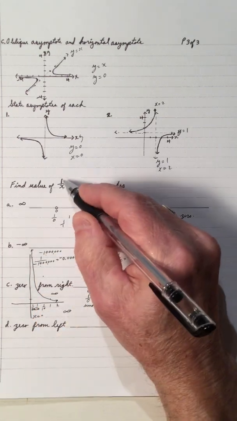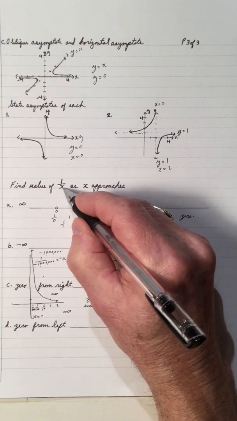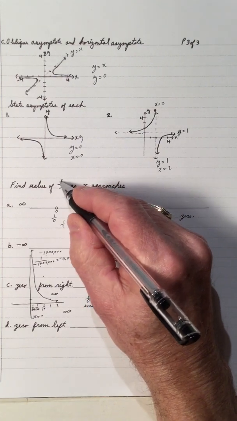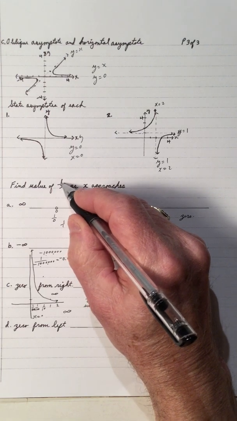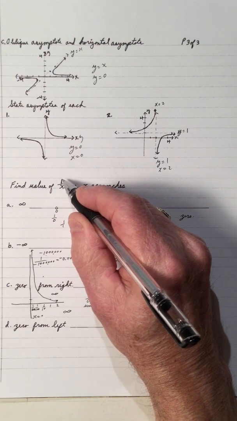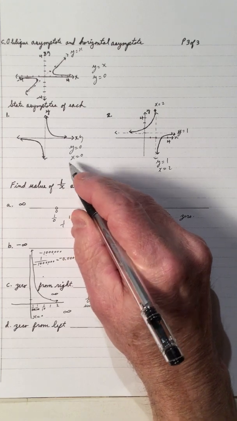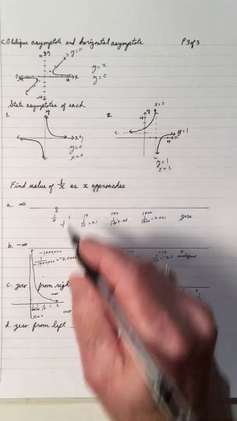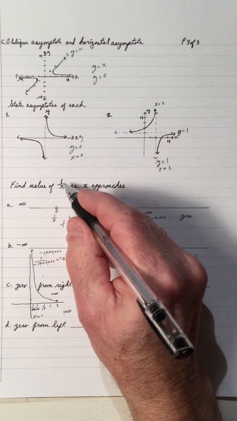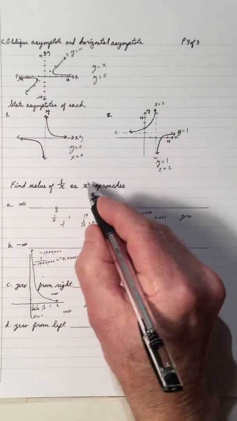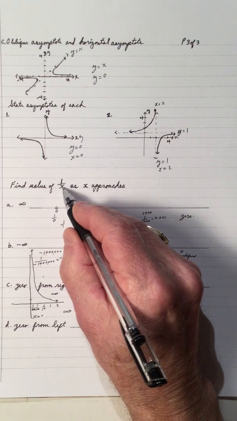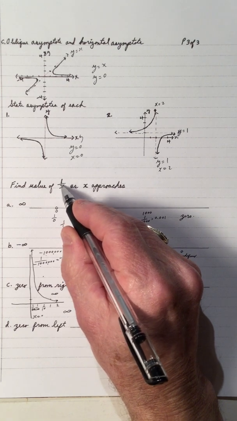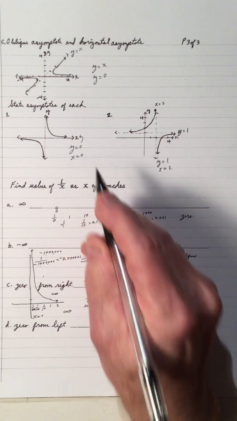So the larger x gets, the smaller 1 over x goes to 0. The smaller x gets, the closer it goes to infinity, sorry. Or we could also go, if it was negative, to negative infinity. Again, if x gets larger, then 1 over x approaches 0. If x gets smaller, it's approaching infinity, plus or minus.